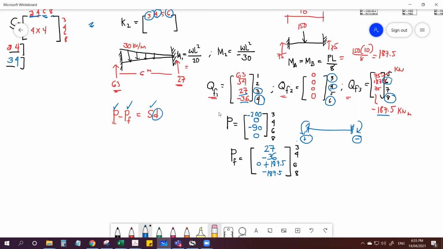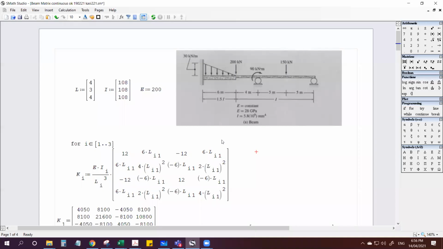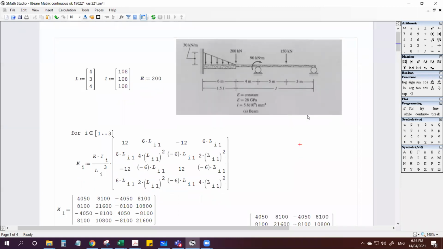So let's switch to our SMAT code. Our lengths: I'll change the length to 6 meters, 4, and then here it's 10.